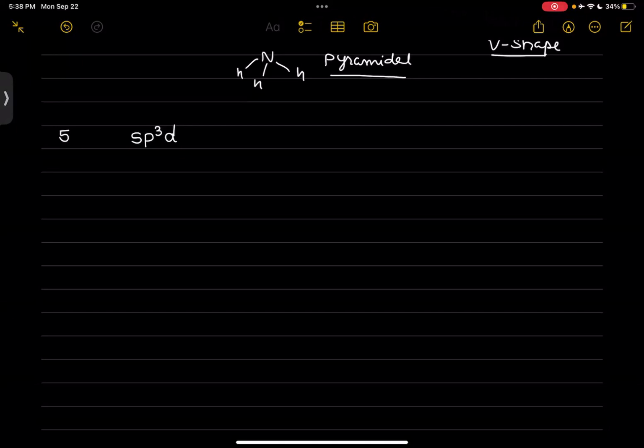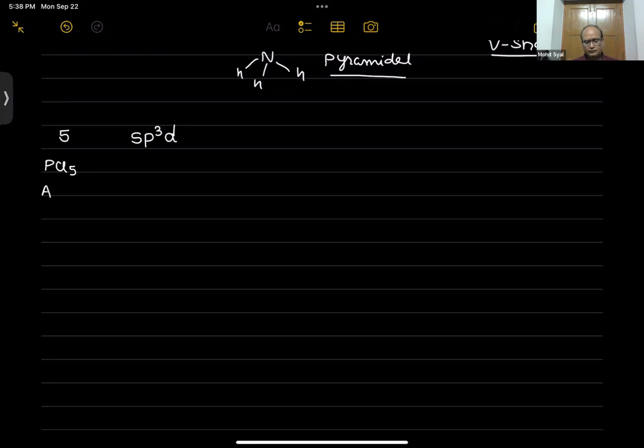Any example you know where 5 atoms are connected? PCl5. This is the best example. AsF5.